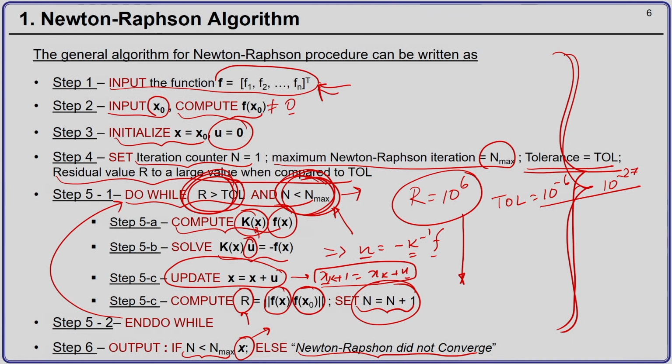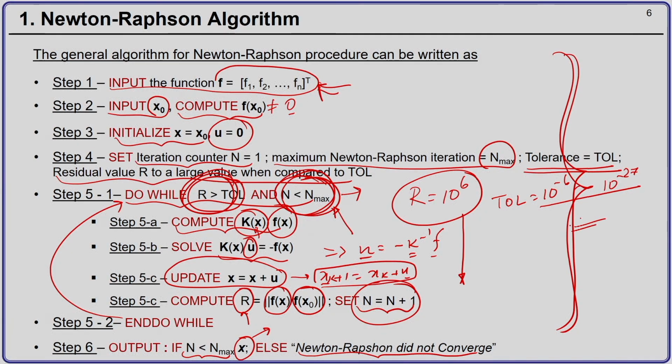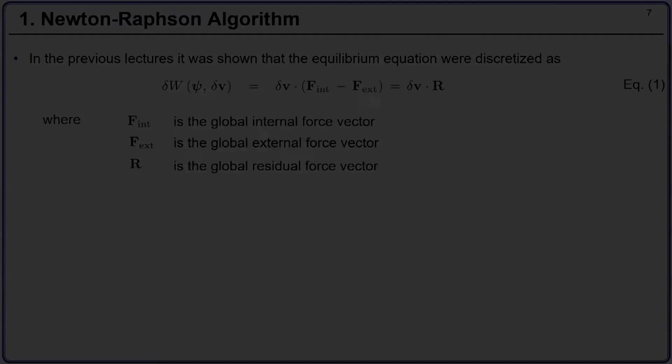Okay. However, in our previous lectures, what we have derived, we had external loads, and these external loads may be applied in certain steps. So, this Newton-Raphson algorithm that we have discussed has to be now changed a little bit. The whole idea remains the same, but there will be some additional steps that may come in between. Okay.